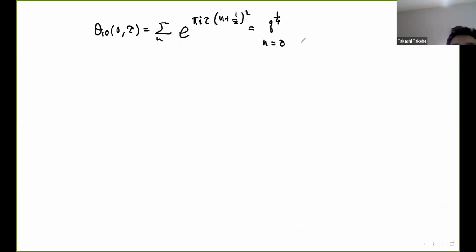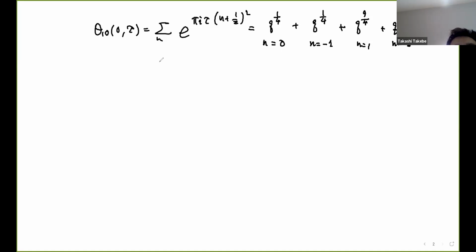Theta 1, 0 is this. And when n is 0, this is Q to the 1 over 4. When n is minus 1, it's also the same, and when n is 1, it's this, and so on.